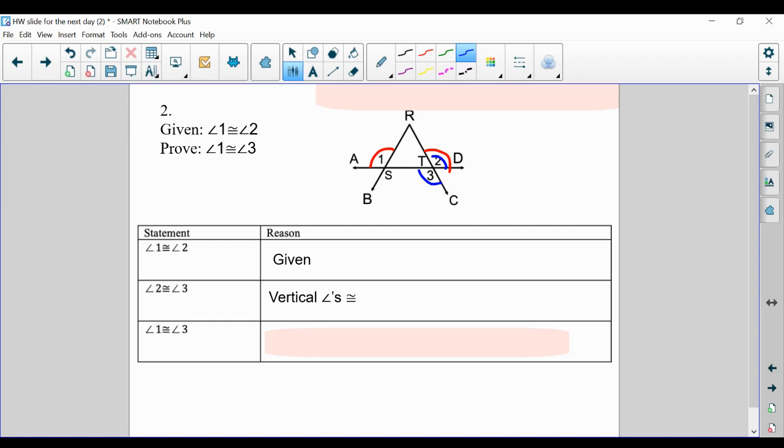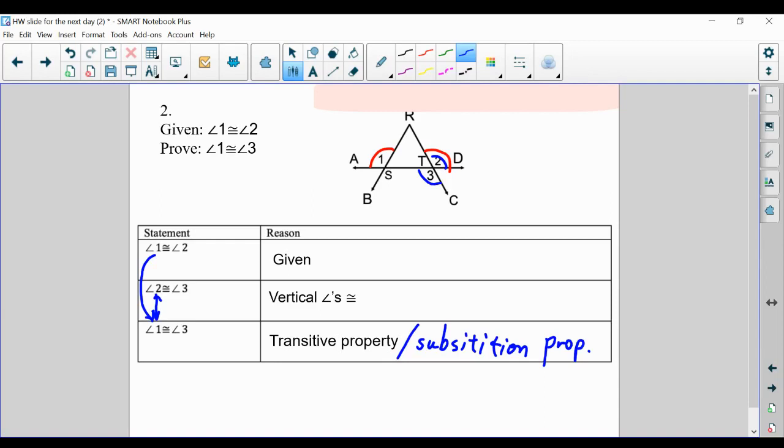So that can be the transitive property, or you can just say, do I just substitute the 1 into the 2 here? 2 is equal to 3, and 1 is also equal to 3 because it says 1 equal to 2. In this case, we can say it is the substitution property or the transitive property. So both of them are correct.